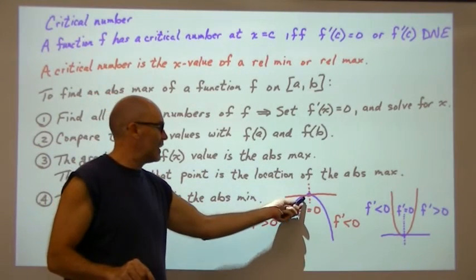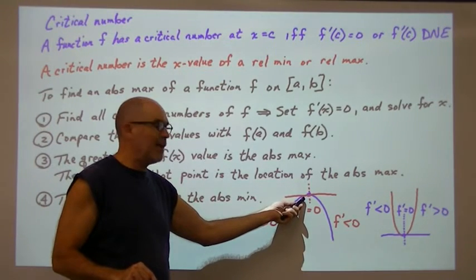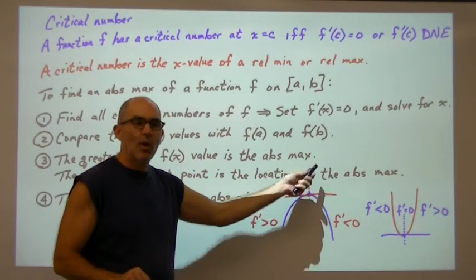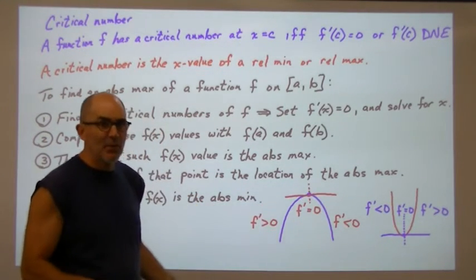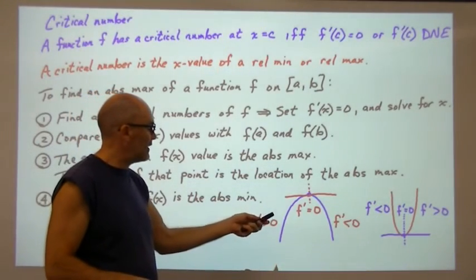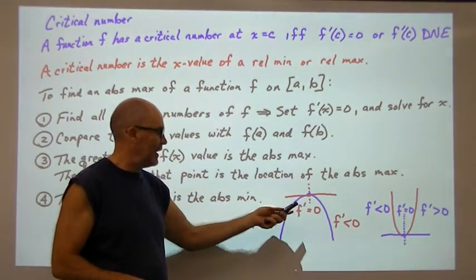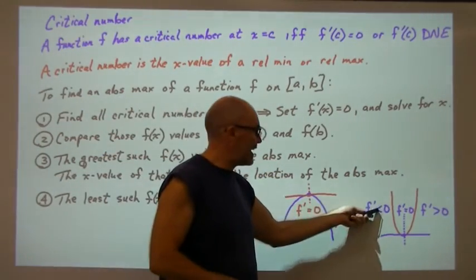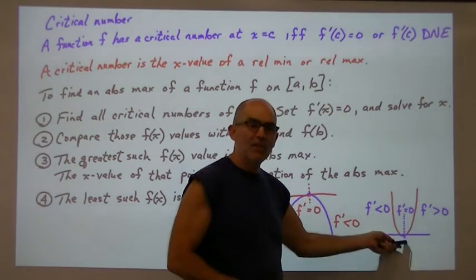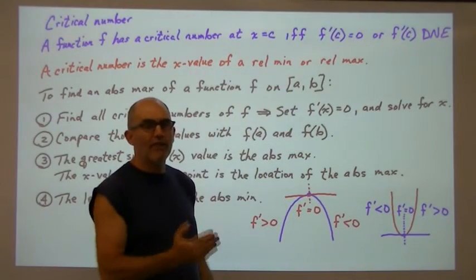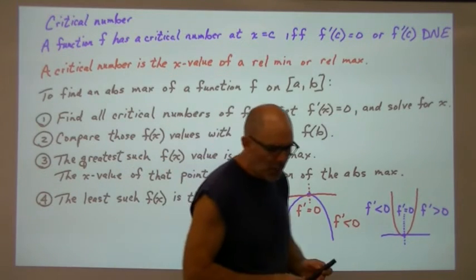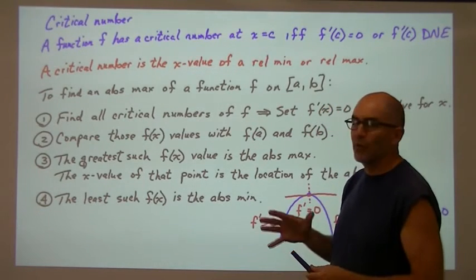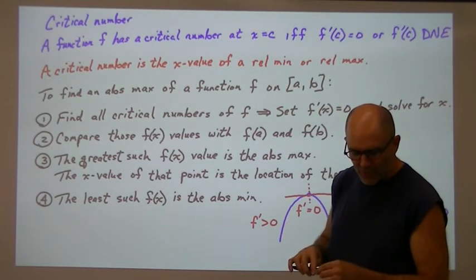Now I could go a little bit left and see if the y value is greater or less, and then go slightly to the right and see if the y value is greater or less. But really it's simpler to see if the derivative goes from positive to negative, then you would have a max. Now if the derivative goes from negative to positive, then you have a min where f prime equals 0.